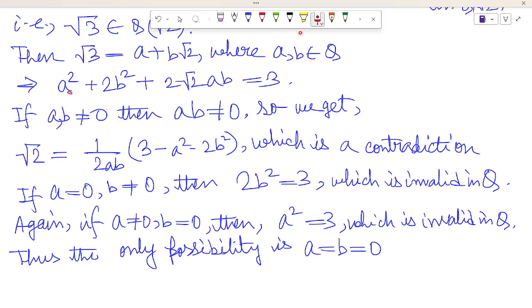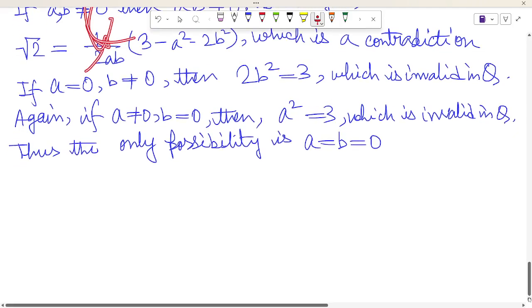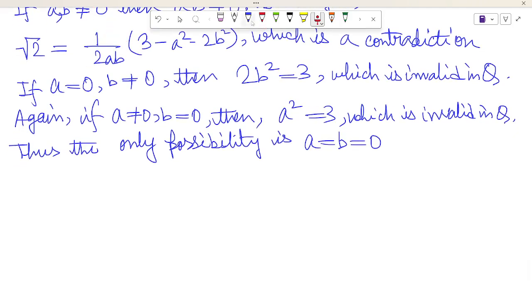Actually, you don't need to square. You can also argue from this line directly. But it is fine, no problem here. You need to finally bring a contradiction, whatever way you can.